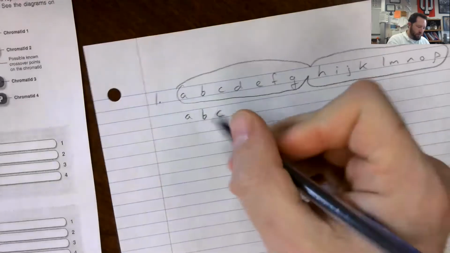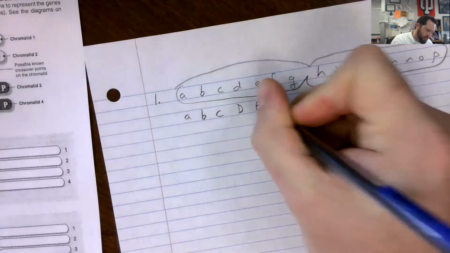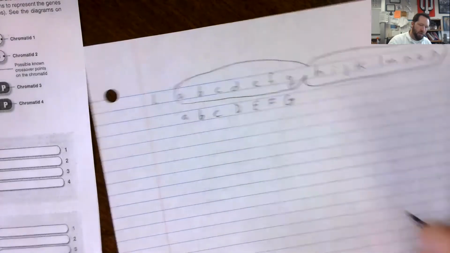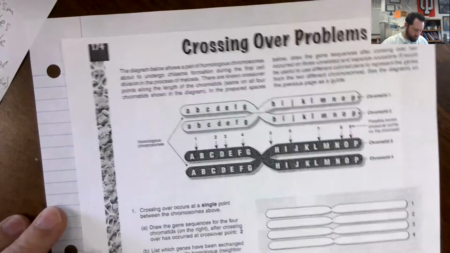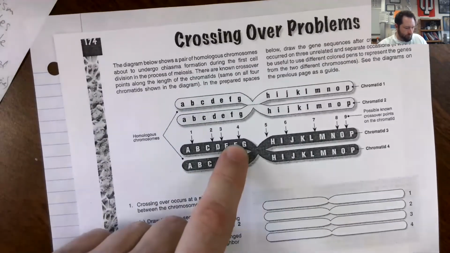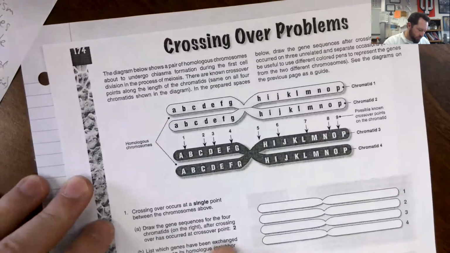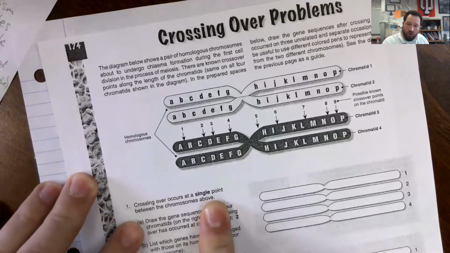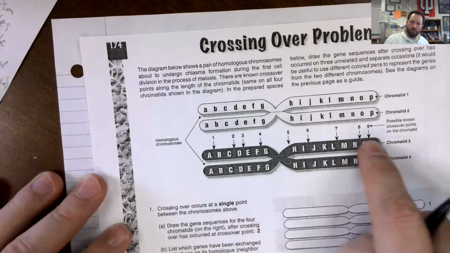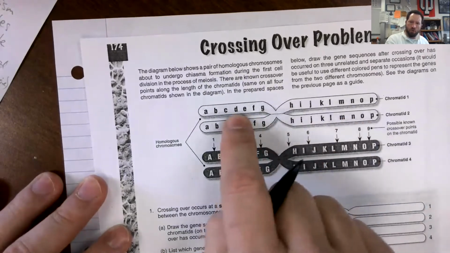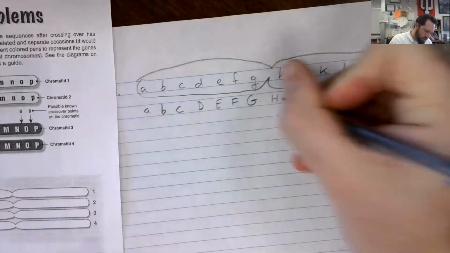So after lowercase a, b, c, now I'm going to have dominant D, dominant E, dominant F, and dominant G. Now we're just going to keep on going. Do we have another crossing over? A single point of crossover? Nope. So basically, we're exchanging the entire back half of this chromosome with the top one. So I'm just going to keep on going with my dominant letters here.